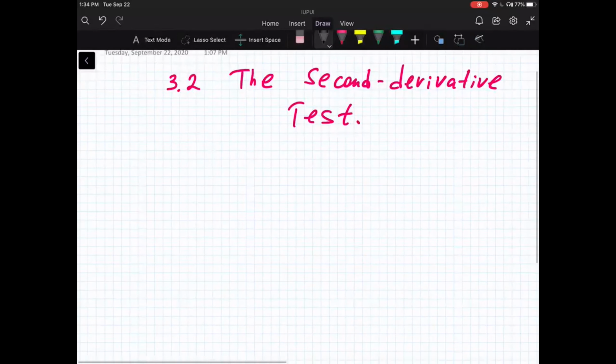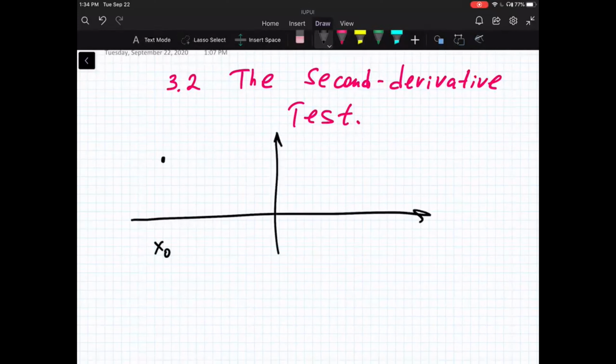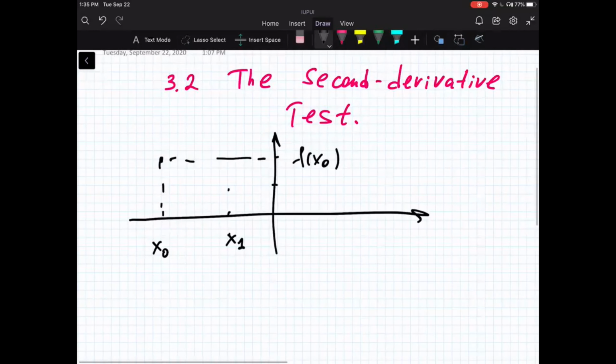So why is the information that your function is increasing or decreasing important? Suppose you have 2 points, you calculated somehow that your function at point x0 has value f of x0, and at point x1 your function has some value f of x1.